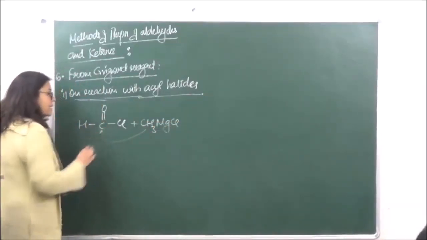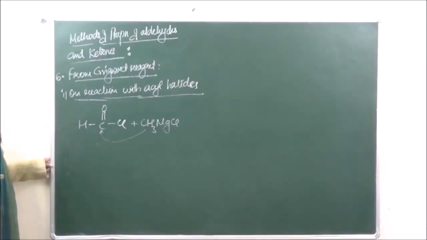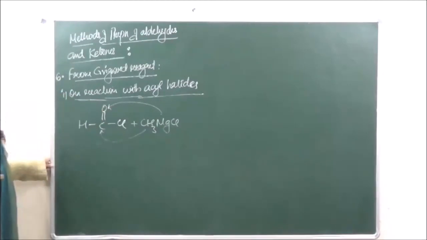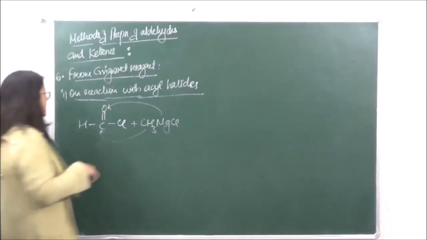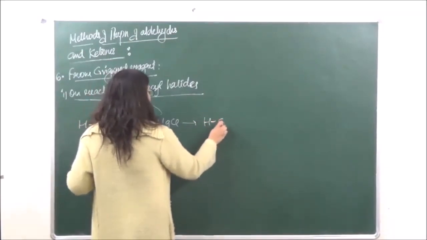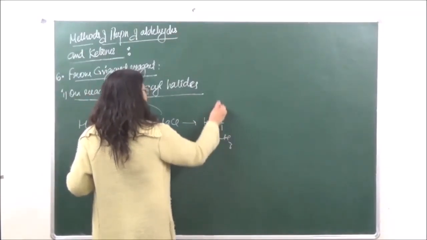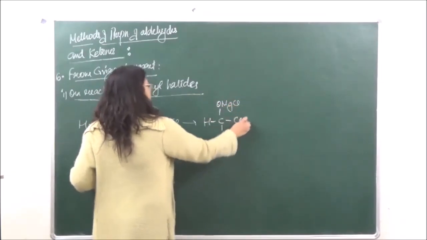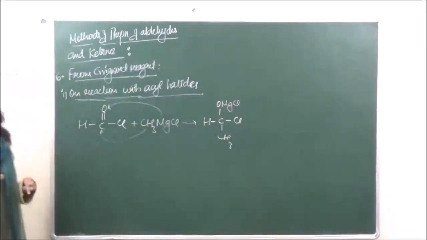CH3 will attack at this, and MgCl is going to attack at the oxygen such that we are going to get an addition product of the type HC CH3O MgCl and Cl, right?